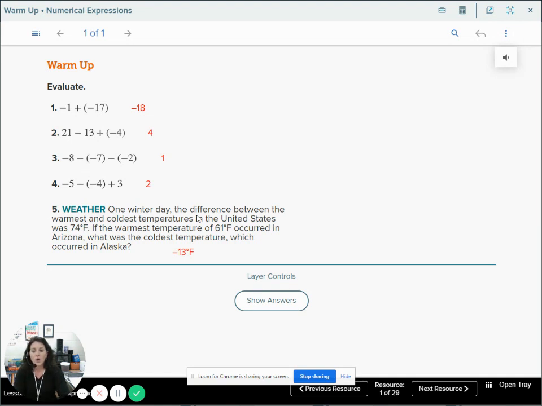So it says the warmest temperature was 61 degrees. So we know that 61 subtract some number gives me 74 degrees. So if it's 61 and I subtract a number to get 74, then I know that it must be a negative number because a double negative then is a positive. So 61 plus 13 is 74, or 61 minus -13 is 74.